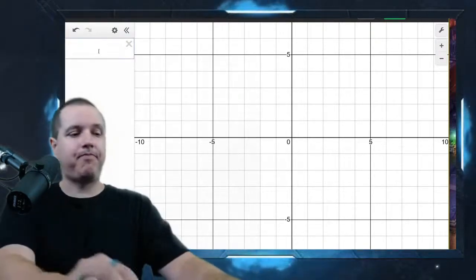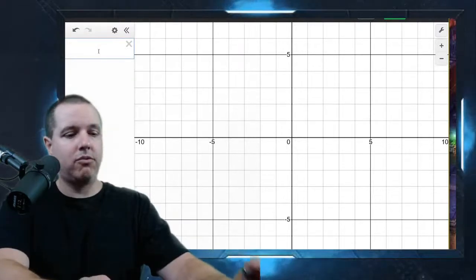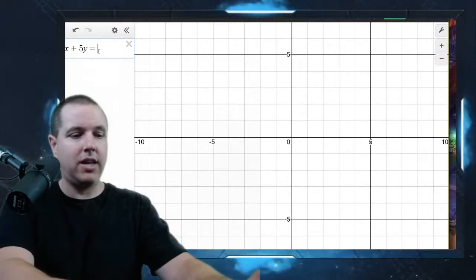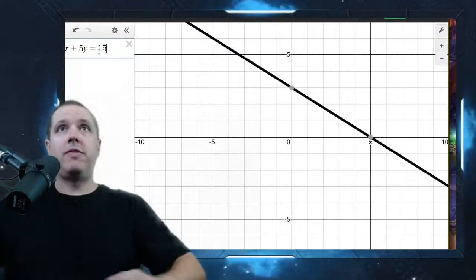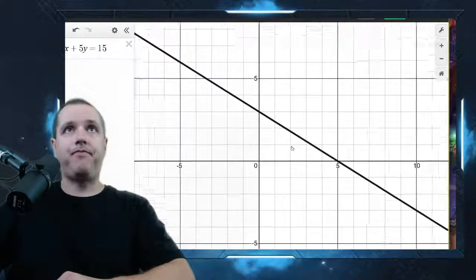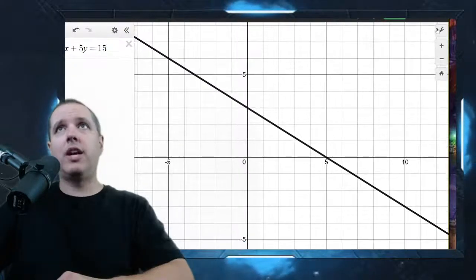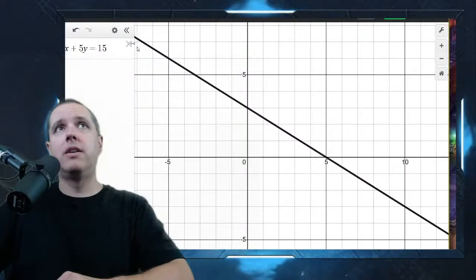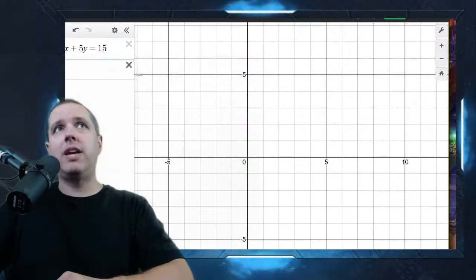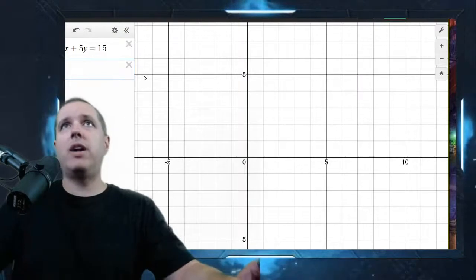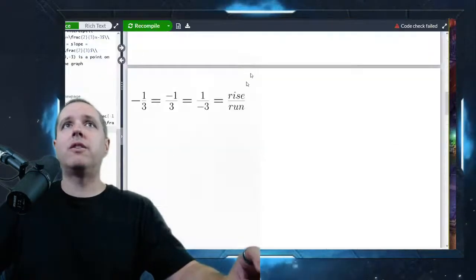For example, let's do 3x plus 5y equals 15. That's what our line should look like. But how do I know that? Well, let's take 3x plus 5y equals 15. Let's do it over here.